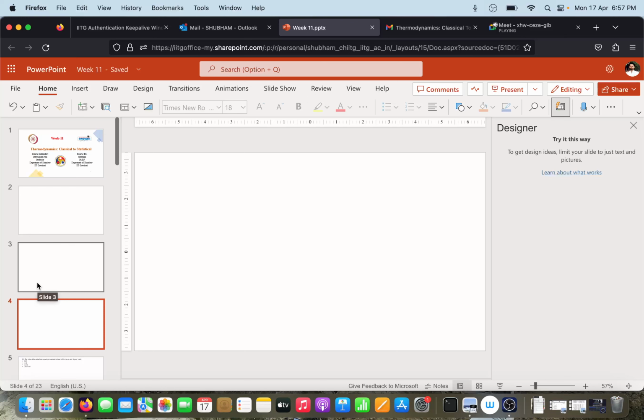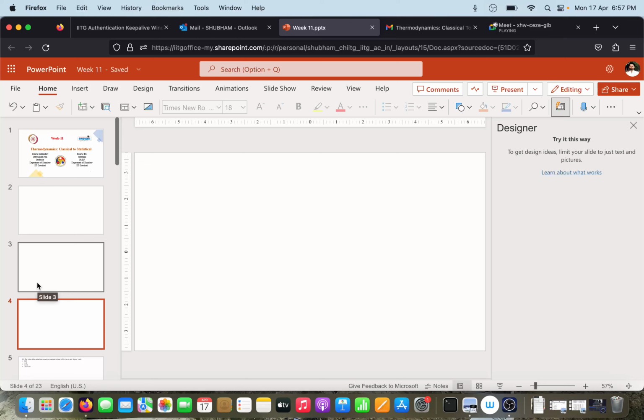From 25 degrees Celsius to 0 degrees Celsius, this is delta S1. The phase transition at 0 degrees Celsius is delta S2, and from 0 degrees Celsius to minus 10 degrees Celsius, this is delta S3. So delta S is delta S1 plus delta S2 plus delta S3.